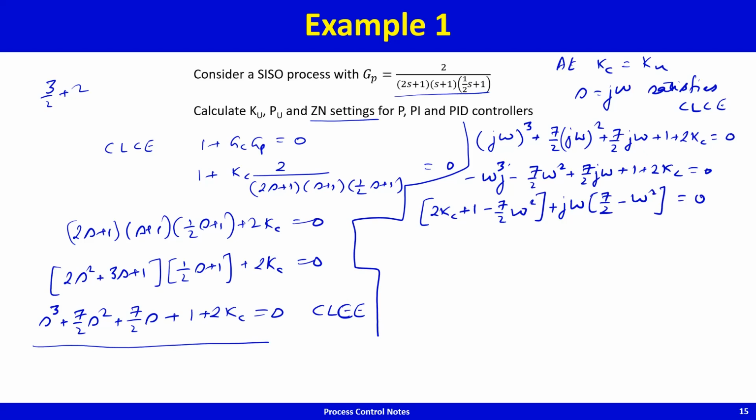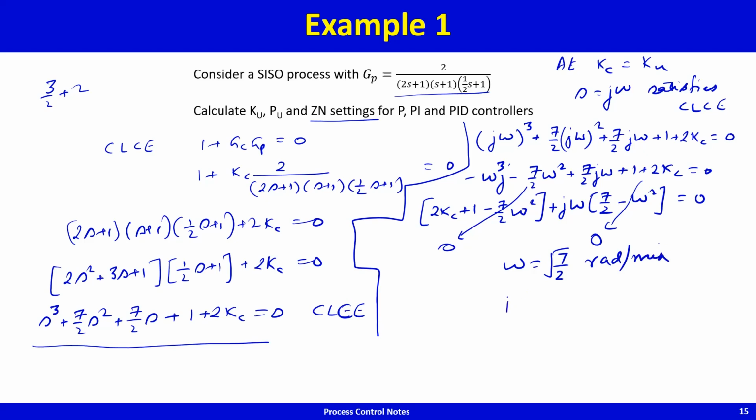Therefore the real part and the imaginary part must go to 0. So from the imaginary part being 0, we get omega is equal to square root of 7 by 2 radians per minute at Ku.